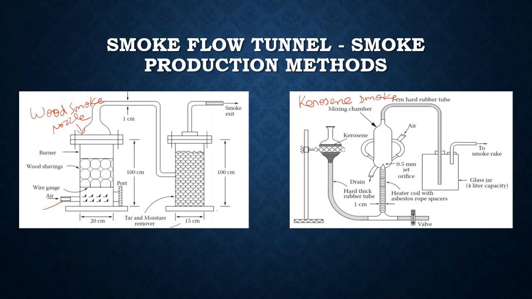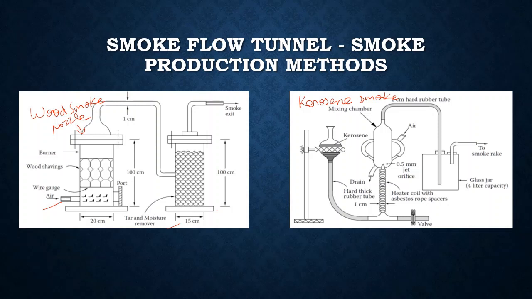Why we are using the tar and moisture remover is because the flamed components of wood produce a maximum amount of tar as well as water vapor, right? So in order to arrest this water vapor and the tar, we are using this tar and moisture remover, and after filtering it, you are having the pure form of smoke, but with reduced density.